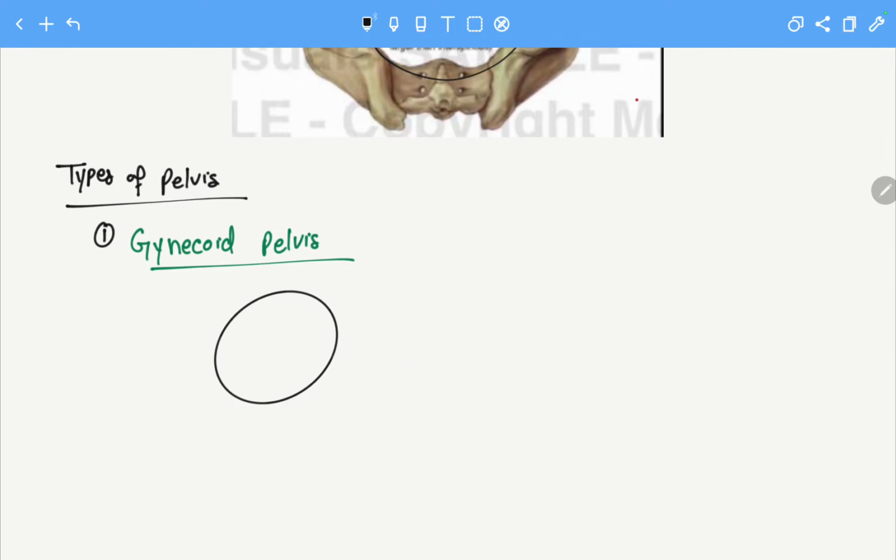This one is the normal gynecoid pelvis, and it is the most common type of pelvis.